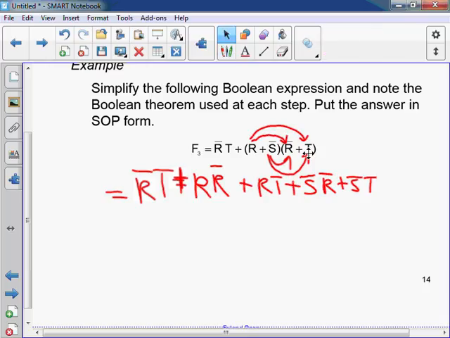Alright. So I've distributed them all, and you can immediately see that I have one term that kills itself. I have R, not R. That's like having X and not X. So this is always 0.